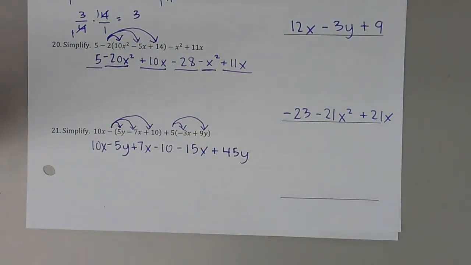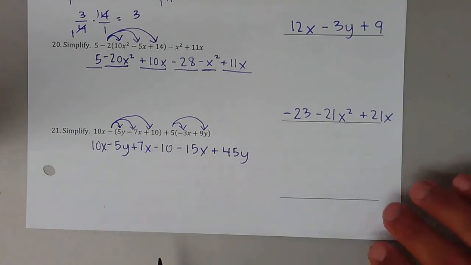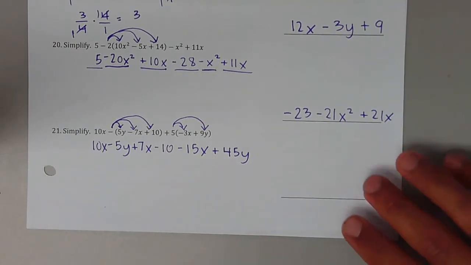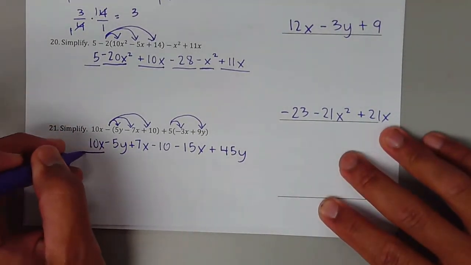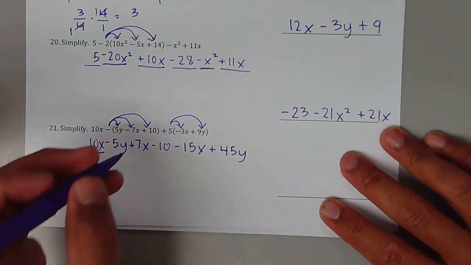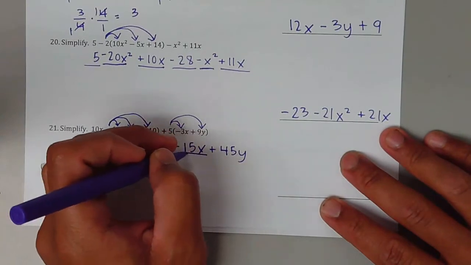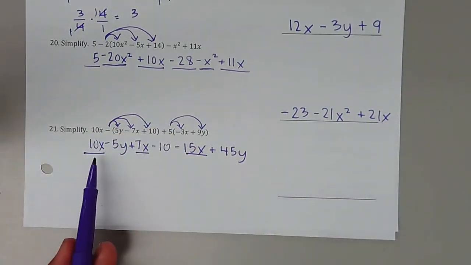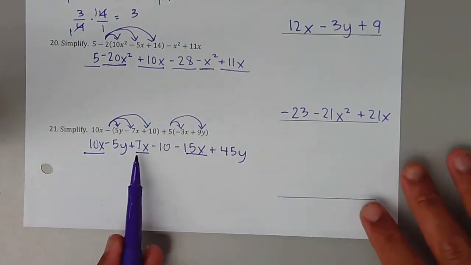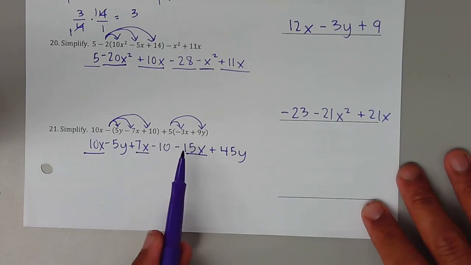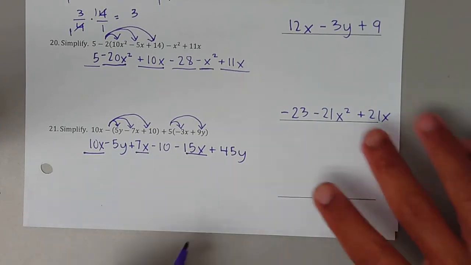All right. And now we don't have any parentheses. Now it's just a matter of combining like terms. So like terms with 10x, we have 7x and then 15x as well. So if we have 10 plus 7, that's 17. 17 minus 15 gives us 2x.